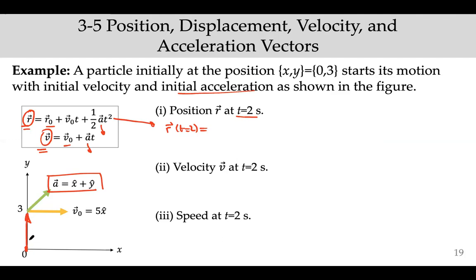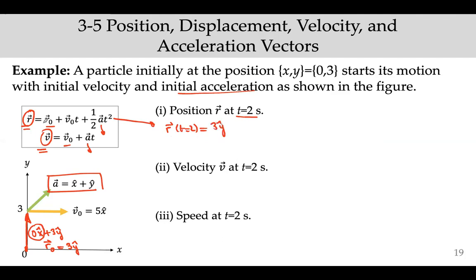This vector has no x component, and its y component is 3. So basically the initial position vector is 3 y hat. If you see something like this, don't say, where's the x hat? Well, x hat is there, but it's multiplied by 0, and if that's the case, you don't have to write it. So you can just write 3 y hat.